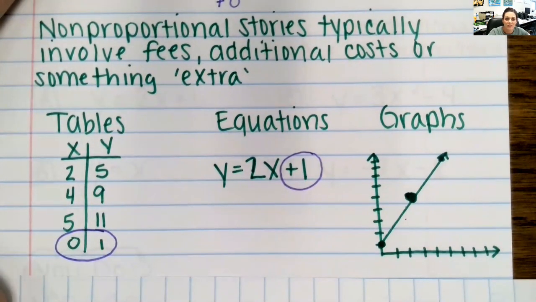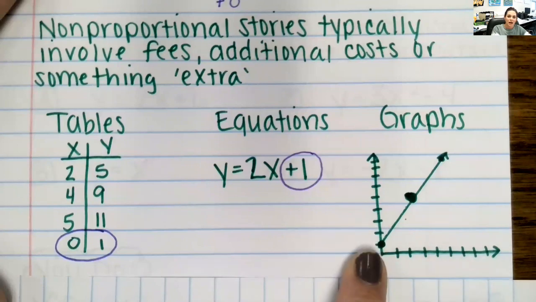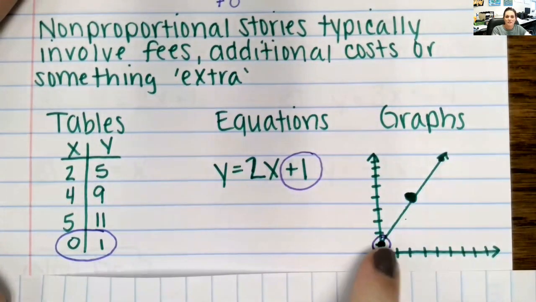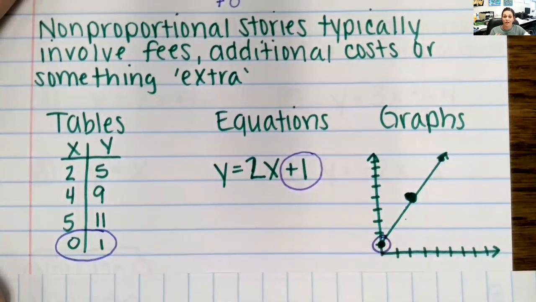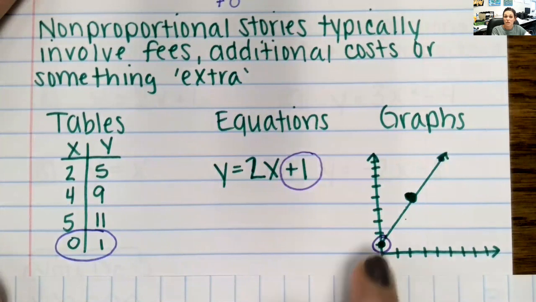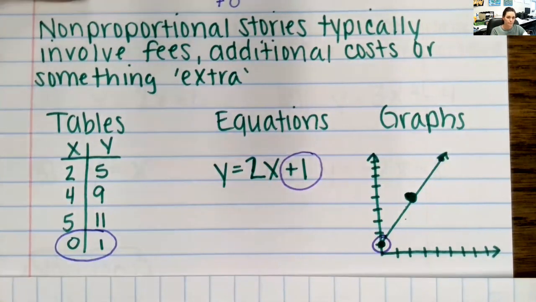And then the last component, with graphs, you're going to see that it does not cross through 0, 0. You're going to see it cross the y-axis somewhere other than that. It can be in the positive zone or the negative zone, as long as it's not going through 0, 0. So if it goes through 0, 0, proportional. Anywhere else, non-proportional.